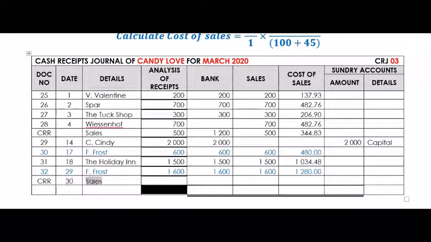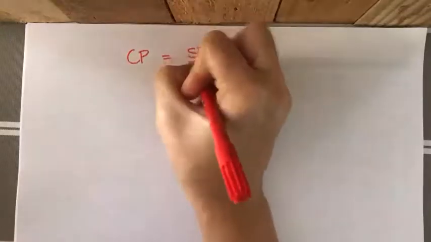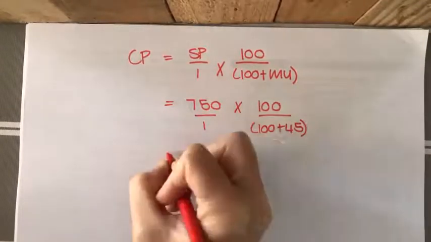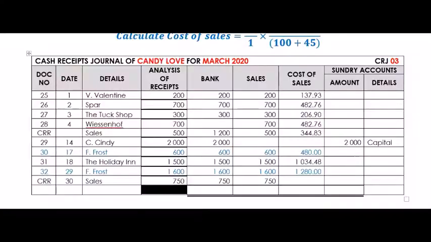For cash sales, we always write sales. We received 750 Rand, put it in our bank and in the sales column. Calculate the cost of sales by doing this. Enter your value into the cost of sales column, and that's it.